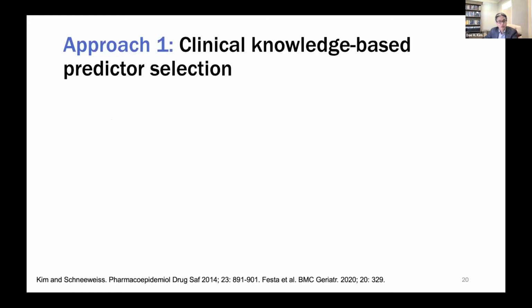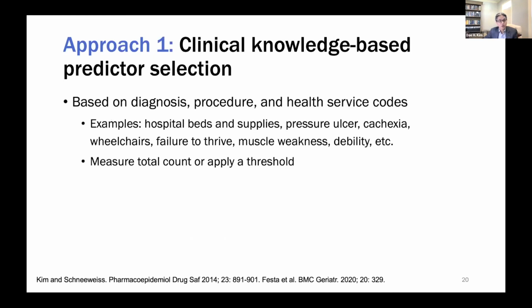The first approach is clinical knowledge-based selection. One can use diagnosis codes, procedure codes, and health services codes that are commonly used by patients with frailty, such as hospital beds and supplies, pressure ulcer, cachexia, wheelchair supplies, and diagnosis codes like failure to thrive or debility.